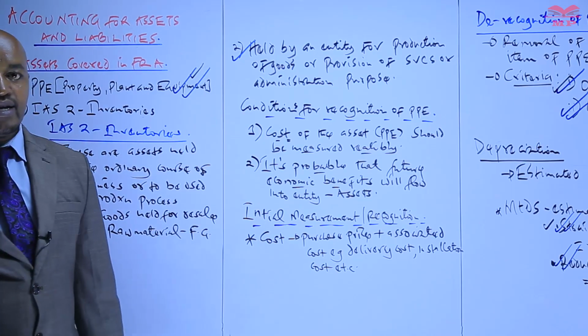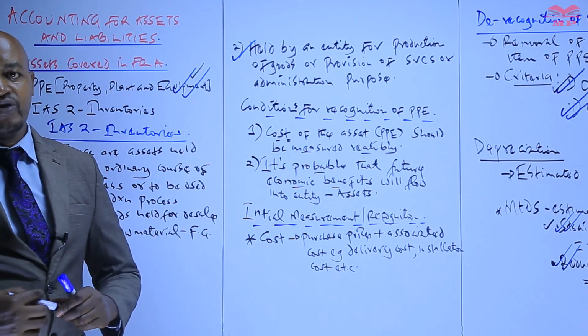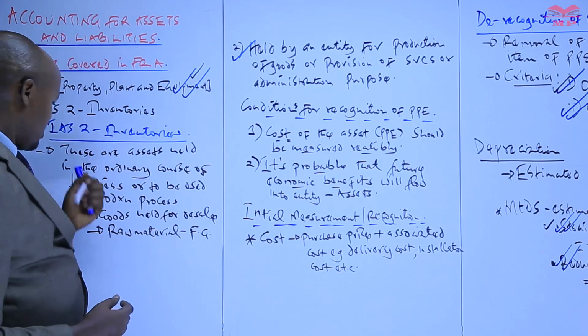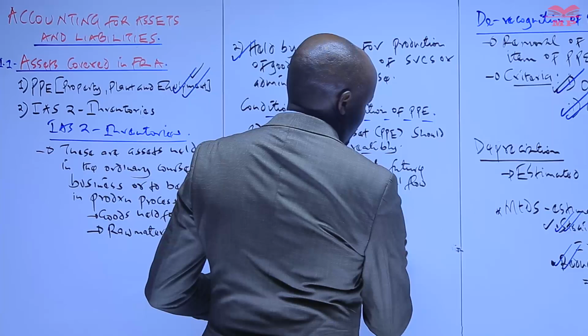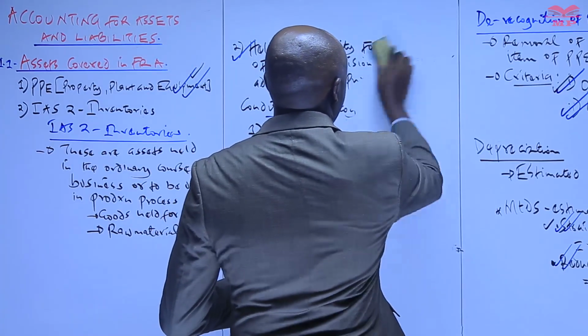On the other hand, we need to know how the value of the inventory should be determined in accordance with International Accounting Standard number 2. Therefore, you can look at the measurement of inventory.